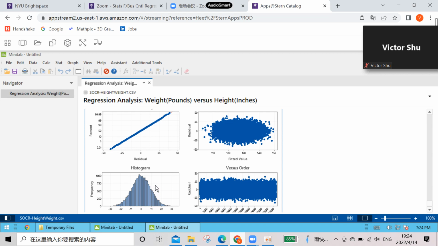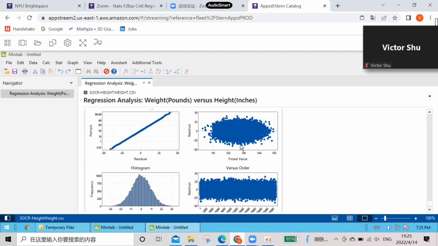And more scientifically, if you look at the QQ plot, percent versus residual, it lies on the straight line, which the first graph suggests. So our normality assumption is basically satisfied because the residuals are normally distributed.